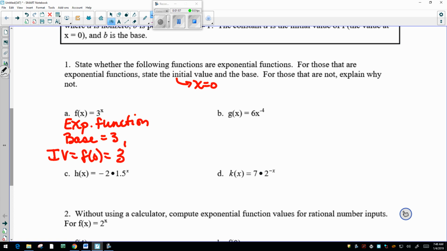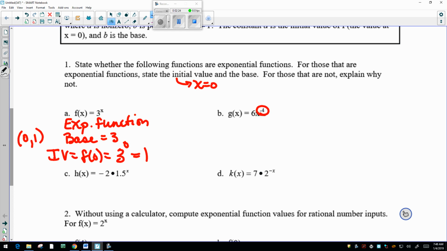So if I take 3 and I raise it to the 0 power, anything raised to the 0 power is 1. So your initial value is 1. You can also think of that as your y-intercept. So for your exponential function, not only did you find the initial value, but you also have the y-intercept at (0, 1).